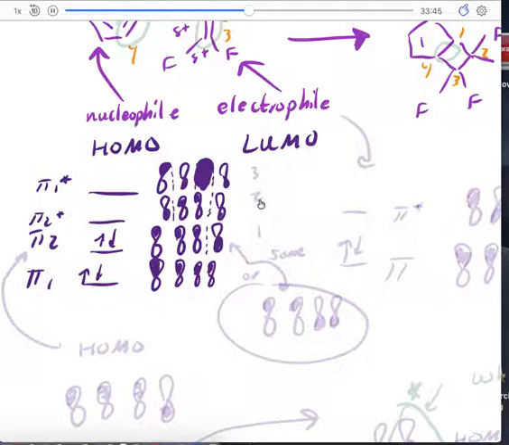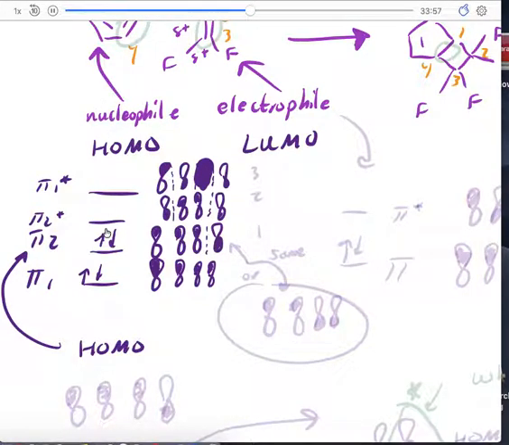1, 2, 3. So right here, just as a note, the recording kind of screwed up, but it's up, down, down. That's how it goes. Here on our pi 2, we have our HOMO.